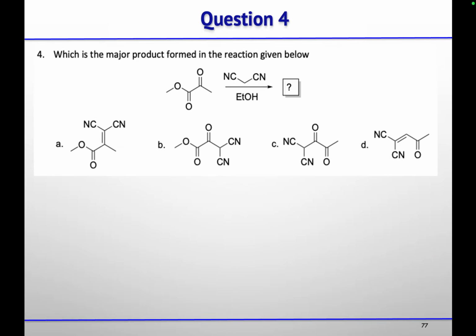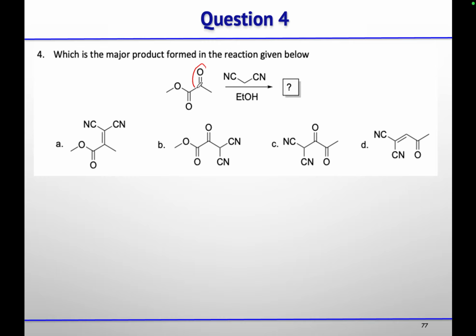Next question, which is the major product formed in the reaction given below? You have a keto ester, alpha keto ester. So you are treating it with this active methylene compound in ethanol as the solvent. So this is the problem of selectivity.